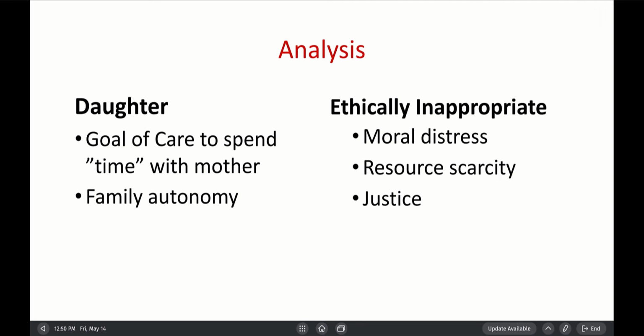But I'm saying instead of a life and death issue, we can just say this mode of care, which is ECMO, is no longer improving her respiratory status, so we can withdraw ECMO rather than withdrawing care. Right, but I understand what you're saying. She finds value in the continuation of ECMO, having time with her mother.